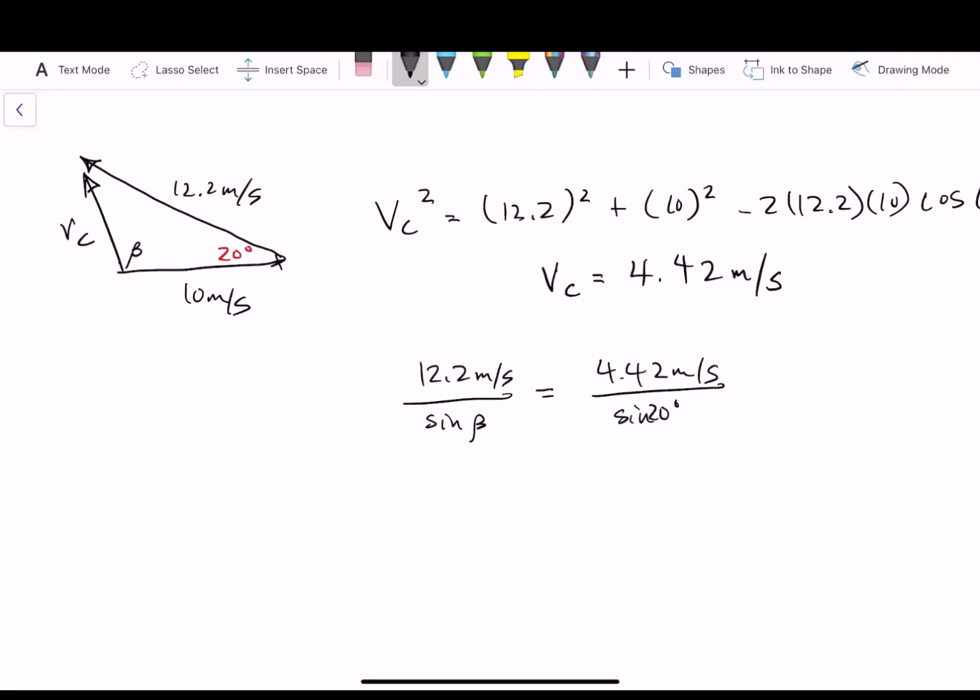If we rearrange, we can solve for beta, and you will end up with an angle of 109.3 degrees. So therefore, the velocity at C is equal to 4.42 meters per second at an angle relative to the horizontal of 109.3 degrees.